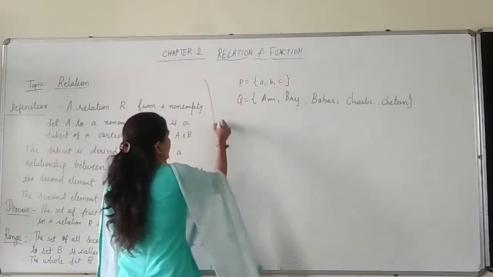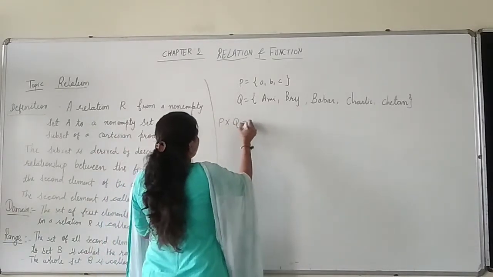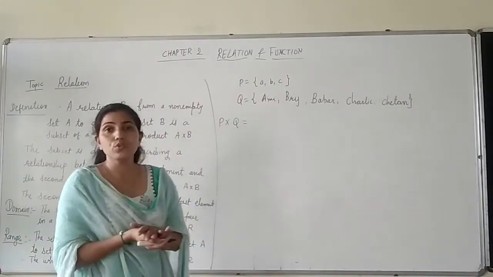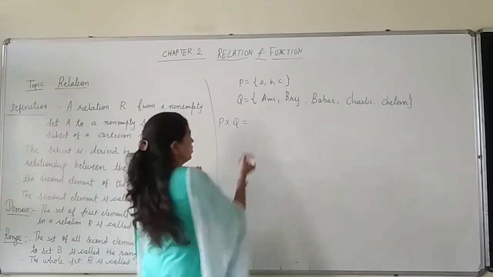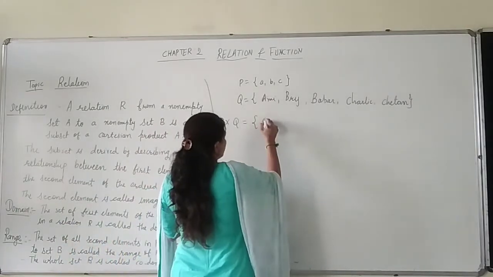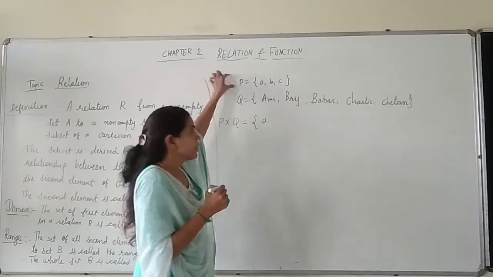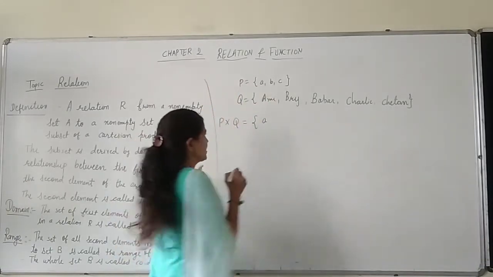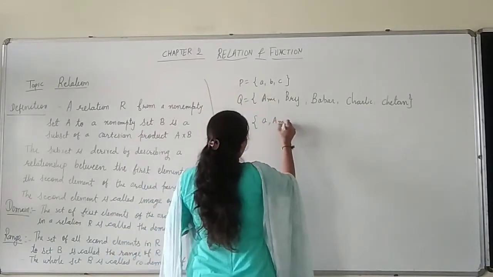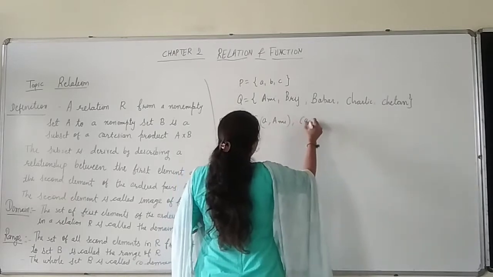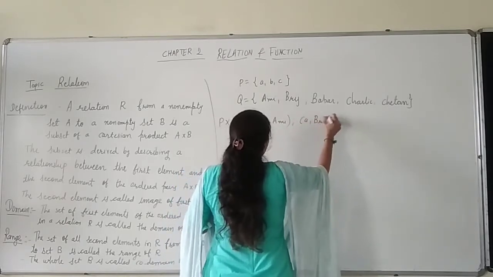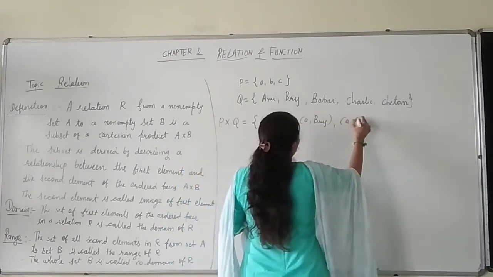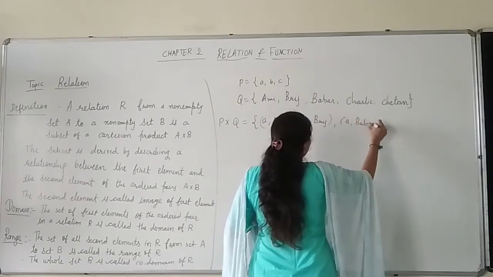Now students, if I write down the Cartesian product P cross Q, then you know very well what P cross Q is. The first element is from the first set and the second element from the second set. So I will write A, Ami, then A, Bridge, then A, Babar.